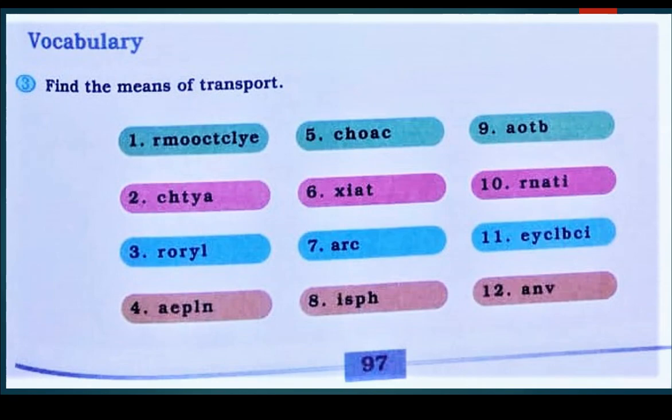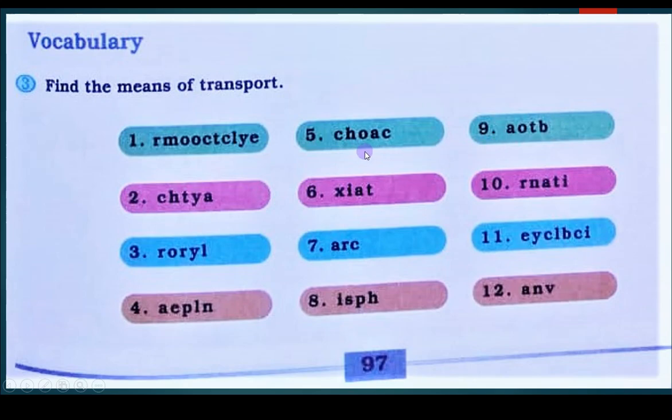Now, the third and the last exercise. الآن التمرين الثالث والأخير. So as you can see, we have in each box a means of transport, but the letters are scrambled or in disorder.